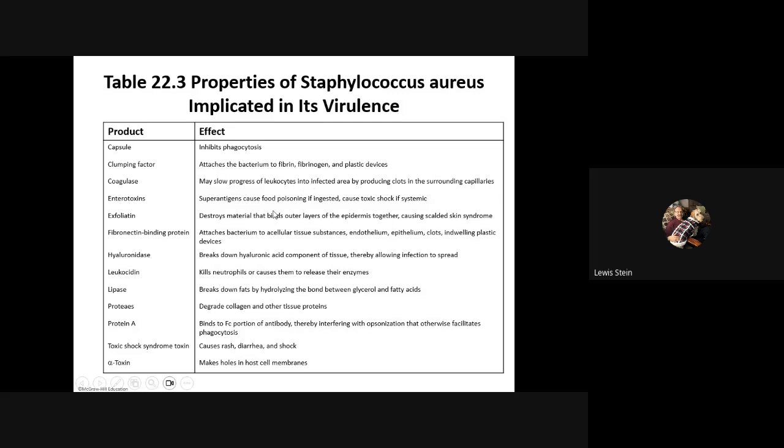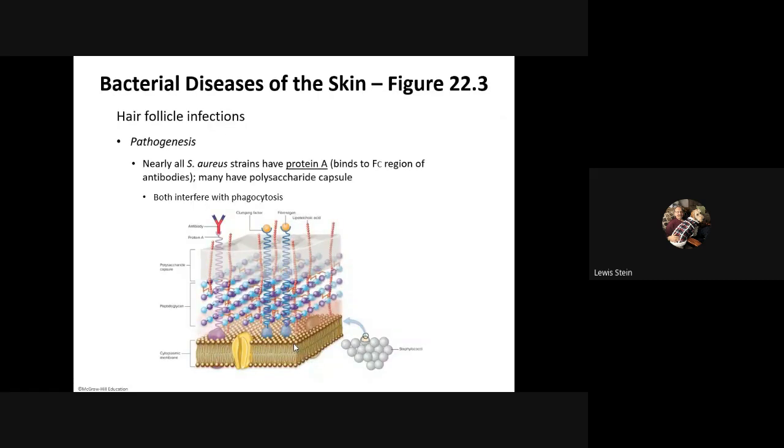Food poisoning, exfoliating toxin affecting the outer layers of the epidermis, and it goes on and on. Spreading factors, toxic shock. They are not all in one strain. There are so many different strains, and we haven't even talked about the evolution of this to MRSA, where now we have a difficult time dealing with it with antibiotics. I can't emphasize it enough. It's there.